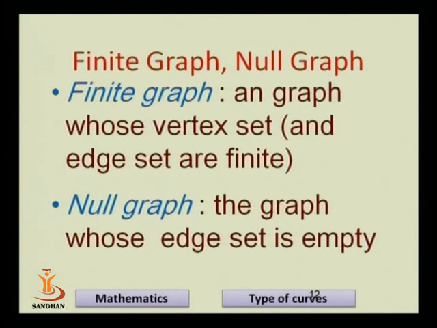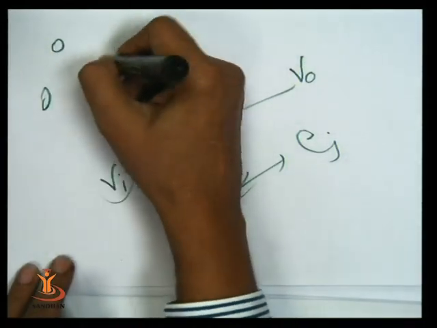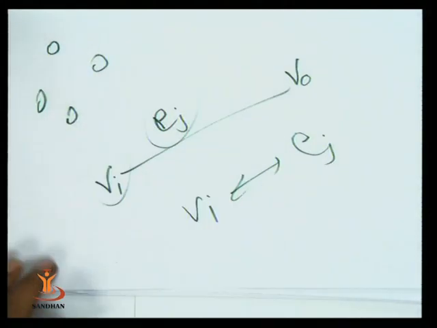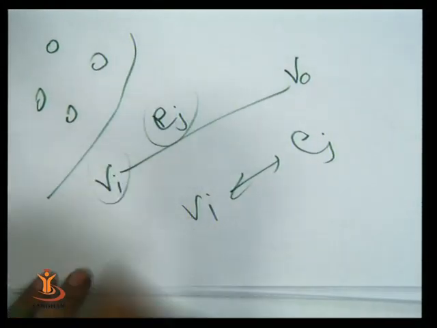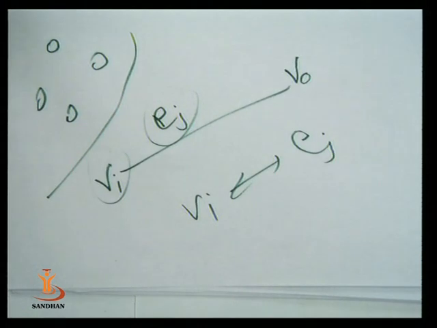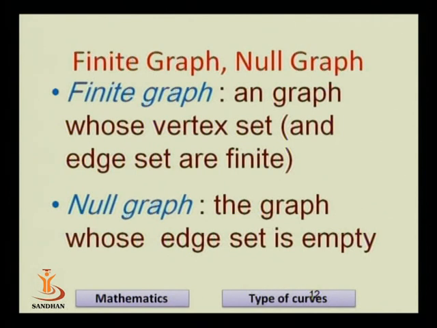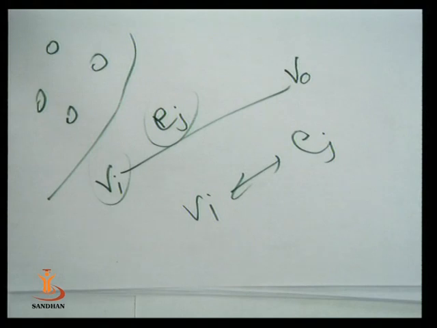So this graph is a null graph because this graph does not contain any edges. So the graph whose edge set is empty is known as a null graph.